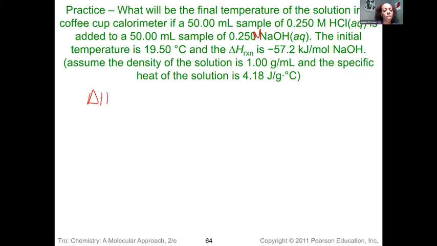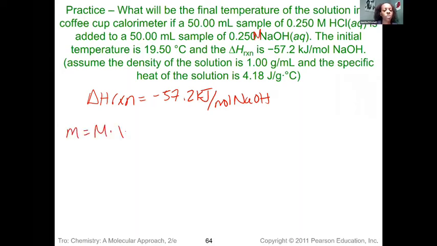So what we would need to do in this case here is first work with our enthalpy of the reaction. And we need to get this just to the heat of the reaction first. So we got to get rid of that moles of sodium hydroxide. So how can we get rid of that? Well, we have to first calculate how many moles are present. So we're told that we have 50 milliliters. So moles we know is equal to the molarity times volume.